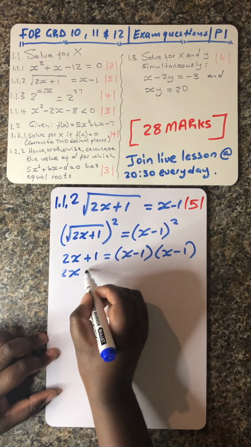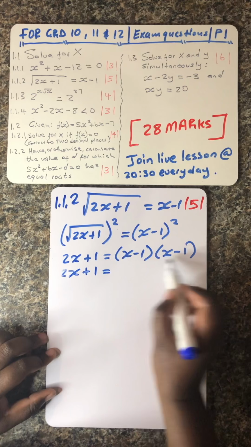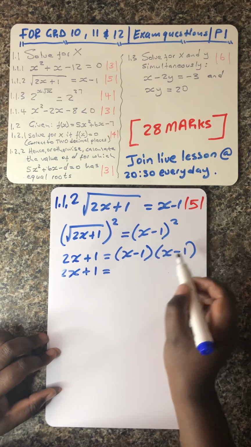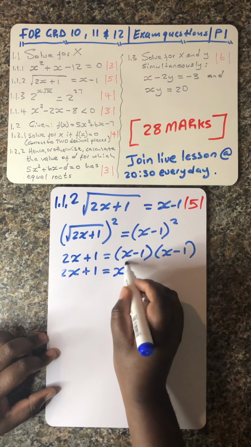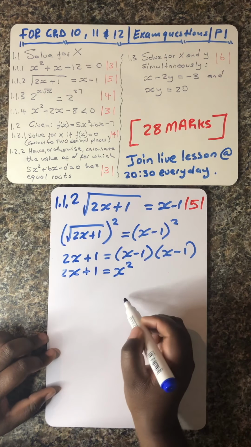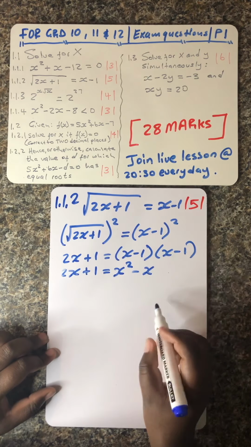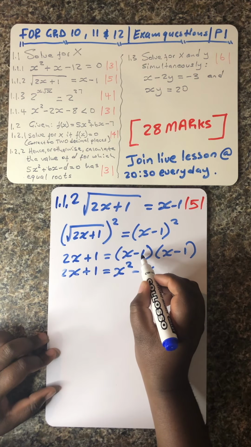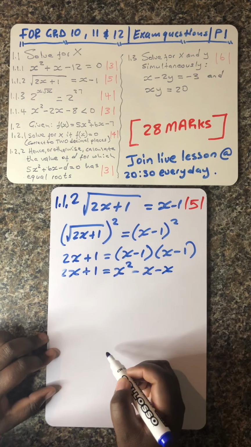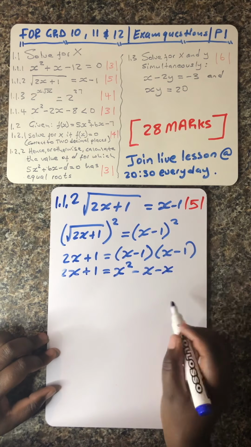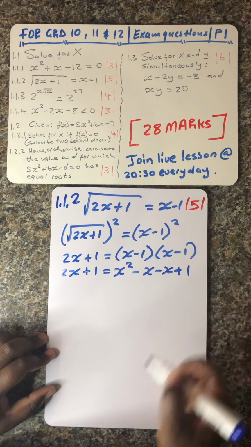It equals, when you have this, this times that, that times that, this times this times that. So it's x times x, which is x squared. x times -1 is -1x. Then -1x times x is negative x. -1 times -1, negative times negative is positive, 1 times 1 is 1.